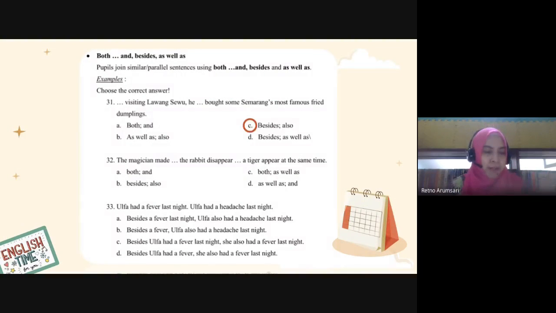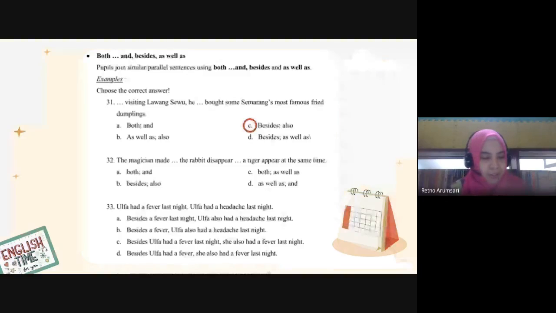Besides visiting Lawang Sewu, he also bought some Semarang's most famous fried dumplings. And the other clue is the comma. The only one that uses a comma is besides. Okay, thank you, Sultan.